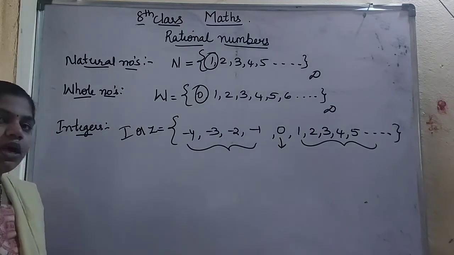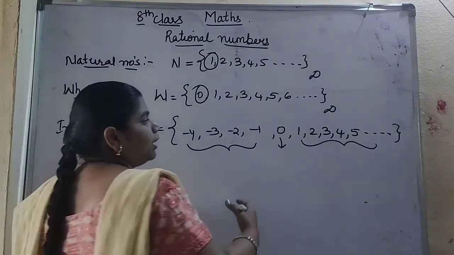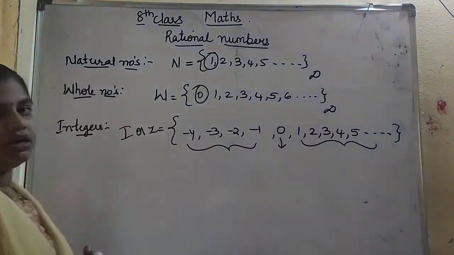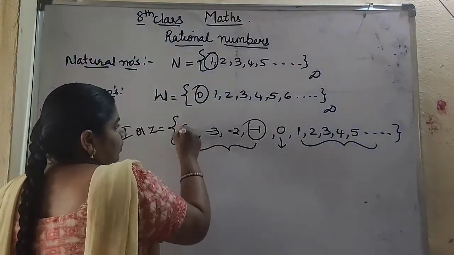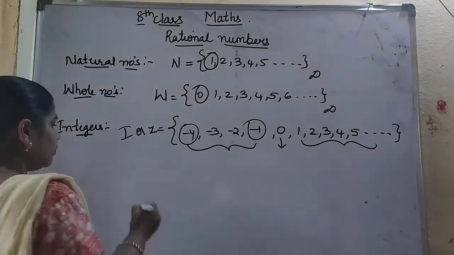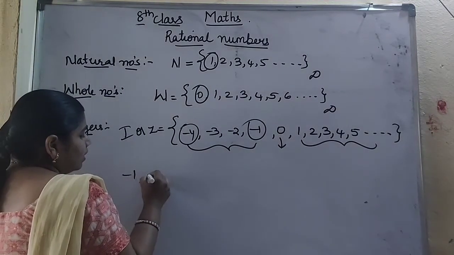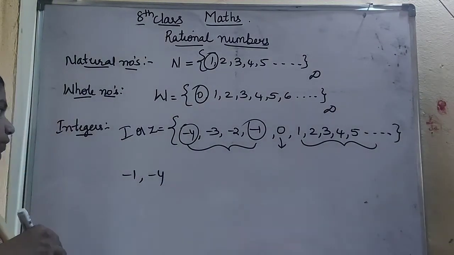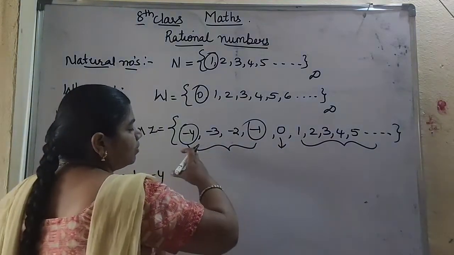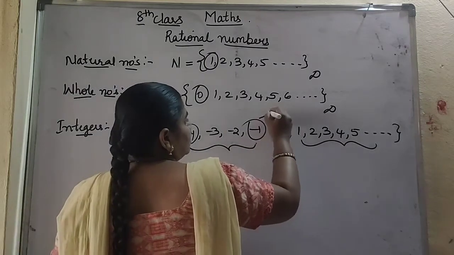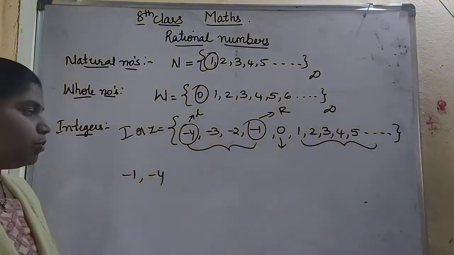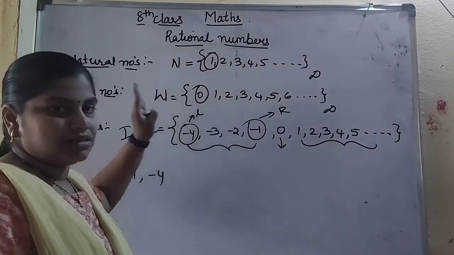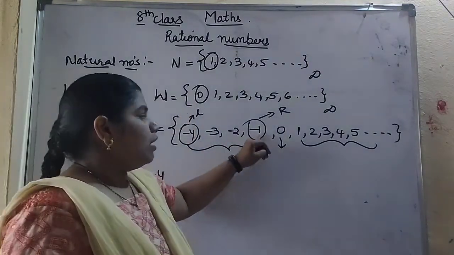Also we know that the numbers lying on the right side will always be greater than the left side values. Suppose you compare -1 and -4. In these two, which is the greatest number? Here -1 is lying on the right side of -4, and -4 is on the left side of -1.